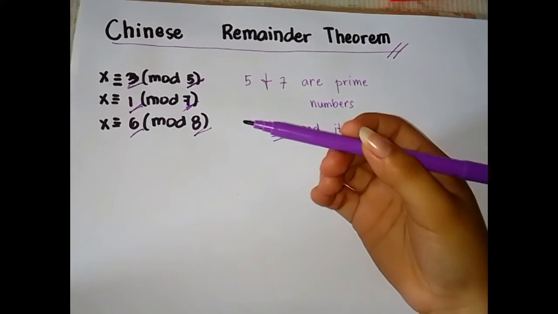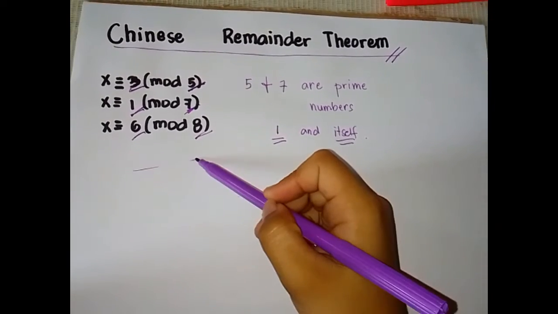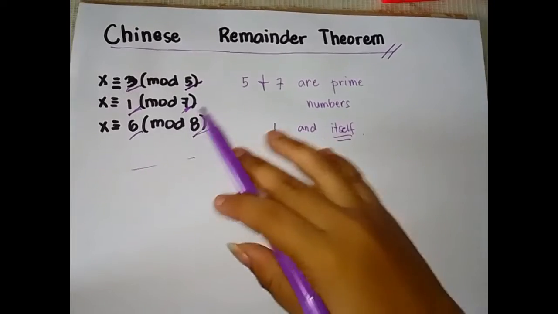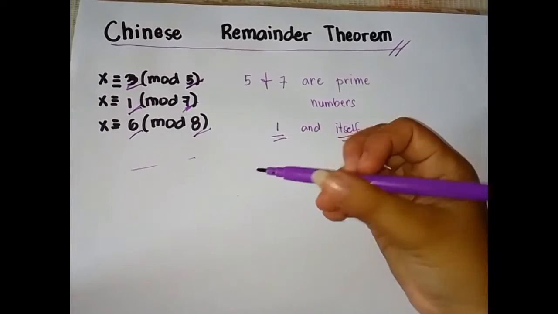Again, here we're going to use the Chinese remainder theorem because the given modulus are relatively prime.